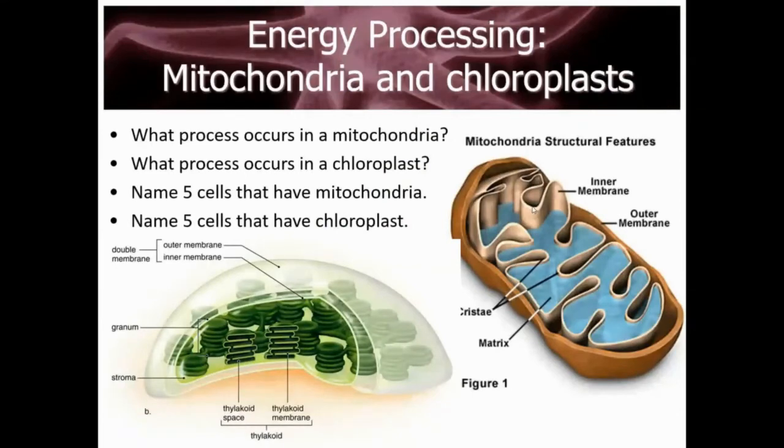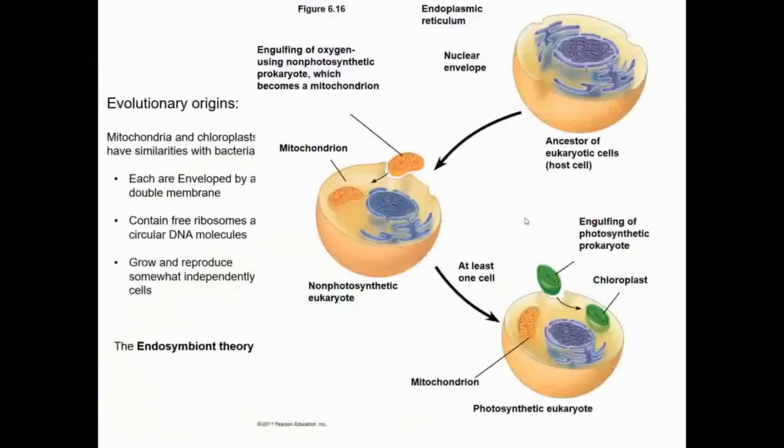And every eukaryotic cell has one. Chloroplasts are green. They have a double membrane too. They do photosynthesis. Only autotrophs have them. Autotrophs have both, right? Mitochondria and chloroplasts. And then I want you to know how they came about through the endosymbiotic theory.